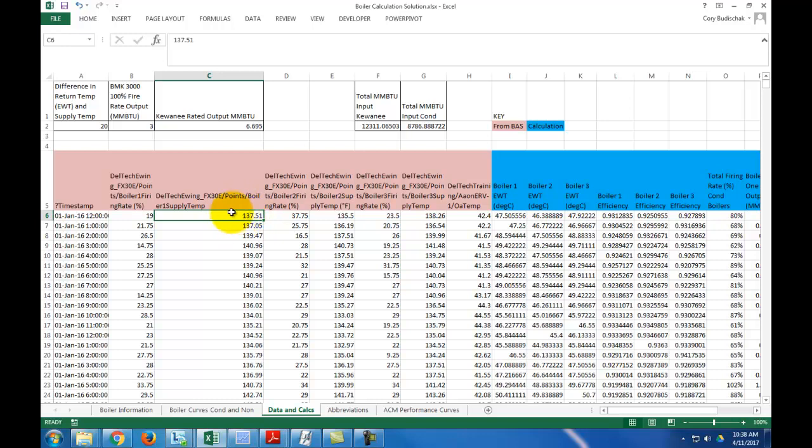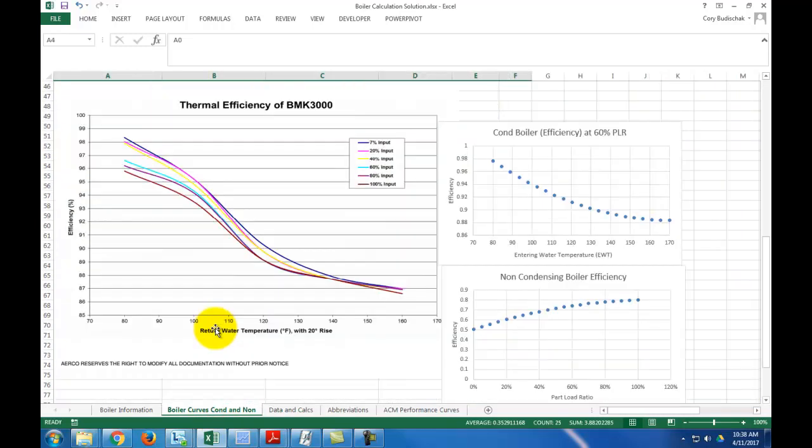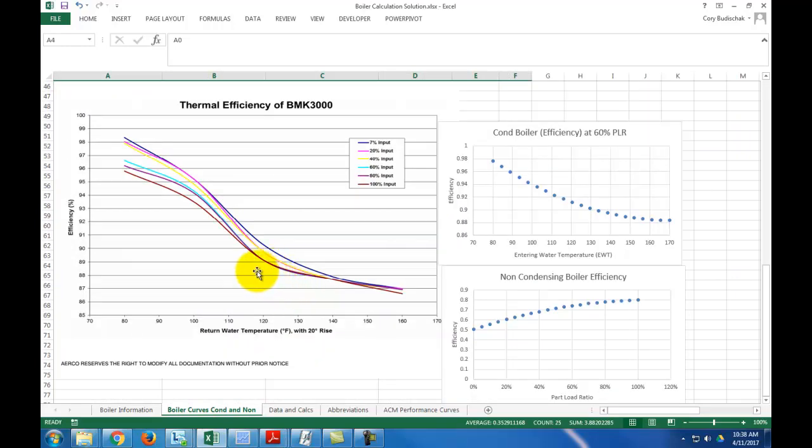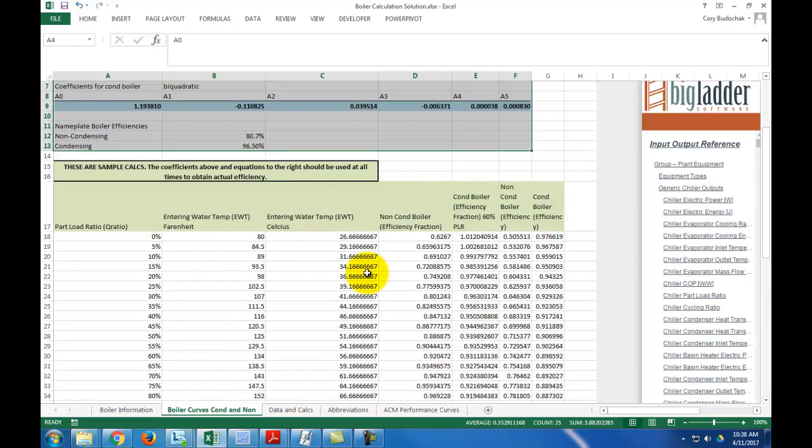So in this case, it would be 117 degrees. And then you have to convert that to Celsius. So you can see we have supply temperature and firing rate. And then we can get return temperature by subtracting 20, which is exactly what we need if we look at these curves. We need the return water temperature, and we need the part load ratio.